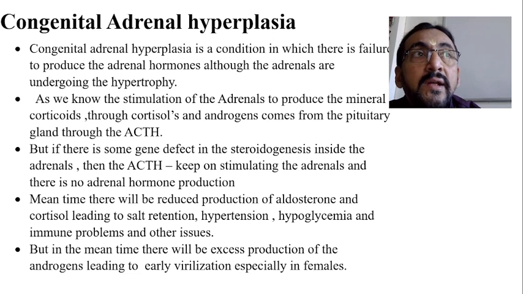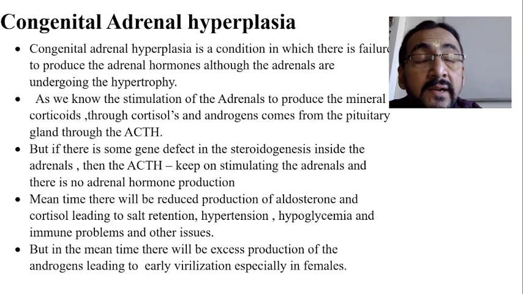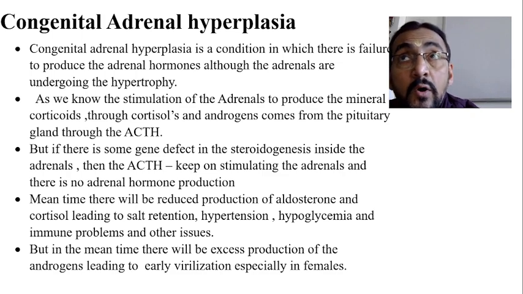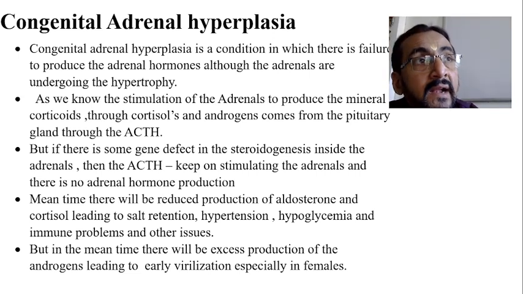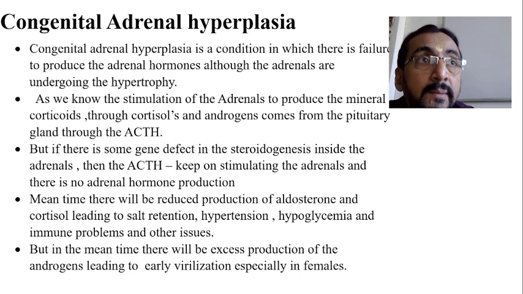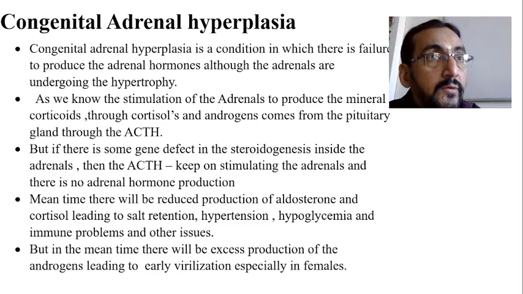Just contrary to the conventional definition, hyperplasia here does not mean overproduction of hormones. Rather, congenital adrenal hyperplasia is a condition in which there is a failure to produce the adrenal hormones, although the adrenal gland is undergoing hypertrophy. But in spite of that, the adrenal gland is not able to produce the required amount of hormones, either of the three: mineralocorticoids, cortisol, or androgens.